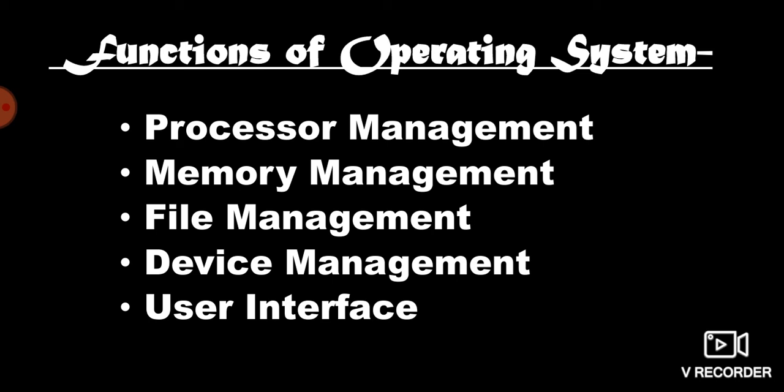Next is file management. The file management function means the operating system governs the permanent storage and retrieval of data from the hard disk. When you save any file, or when you want to open any file, obviously you have saved it in the secondary storage, or in the hard disk.